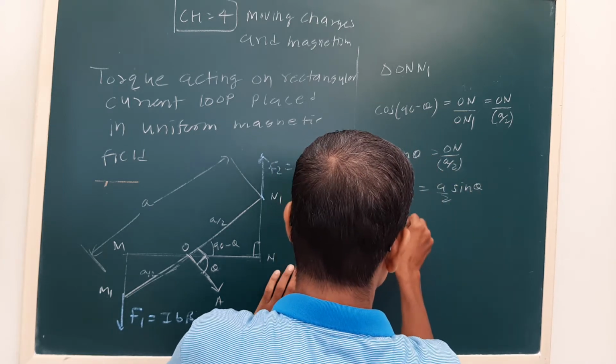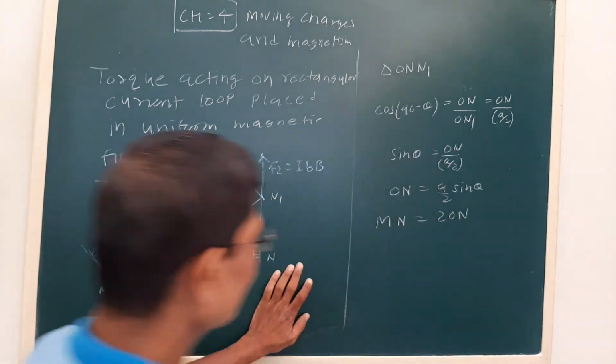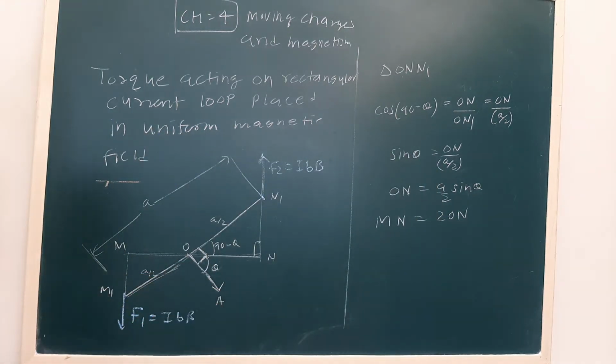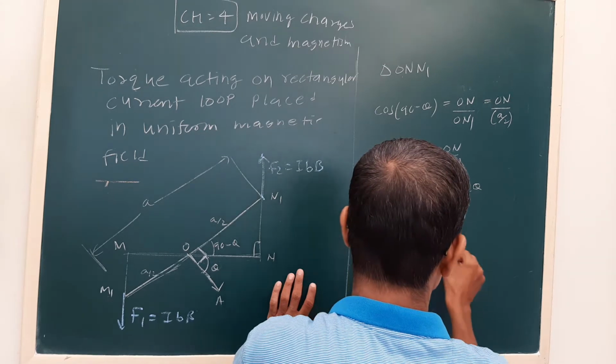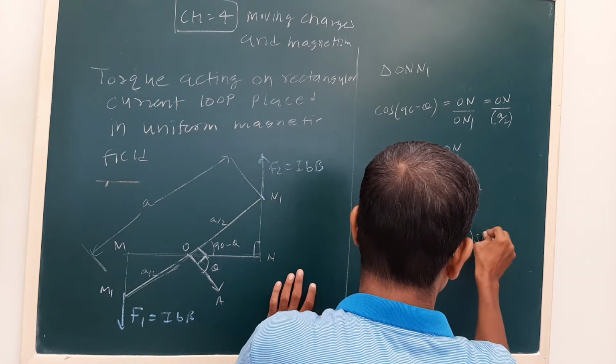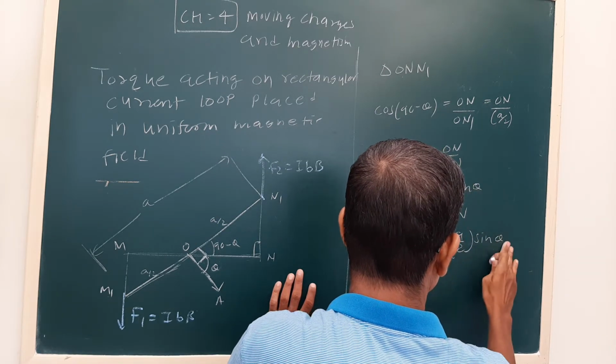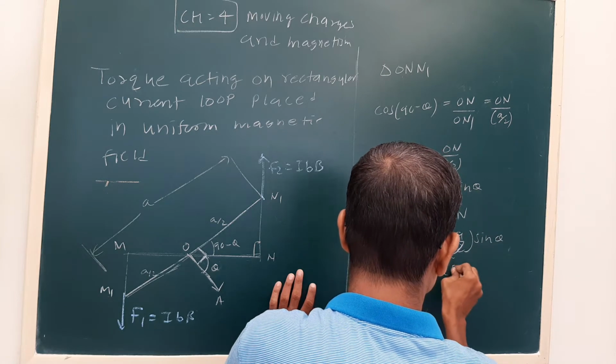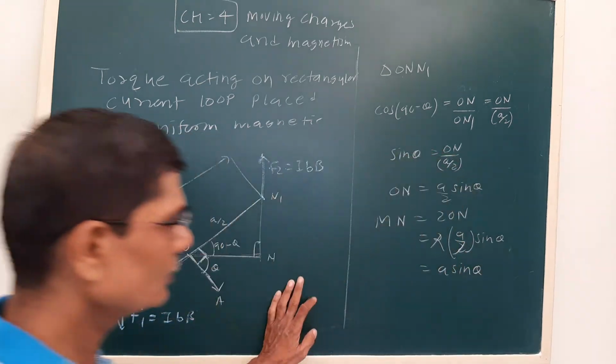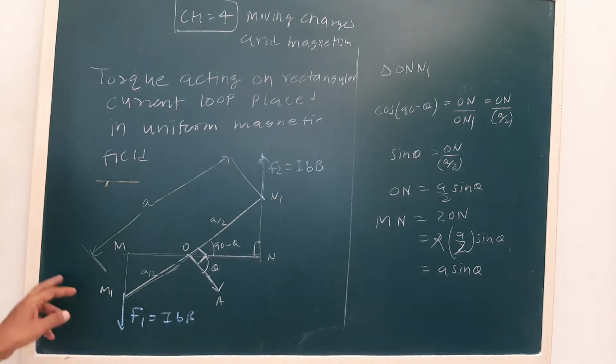Now MN is twice ON, that we can see from the diagram. So the perpendicular distance between the two forces F1 and F2 is A sin theta.